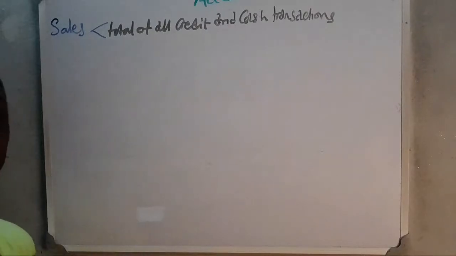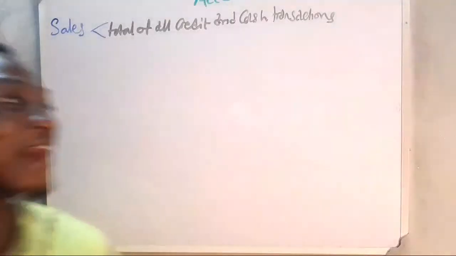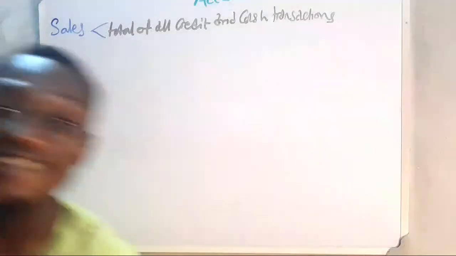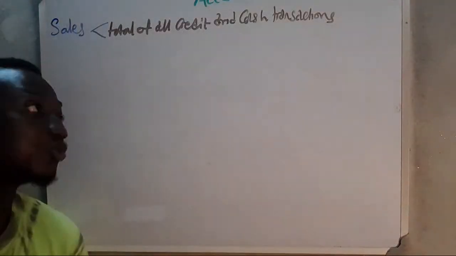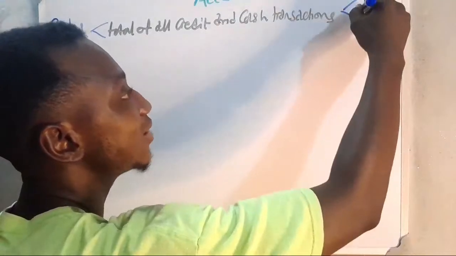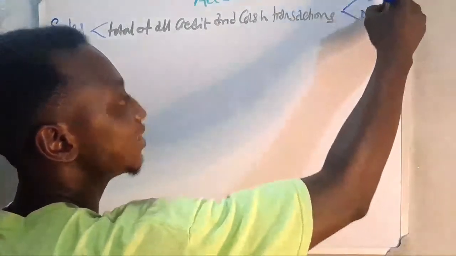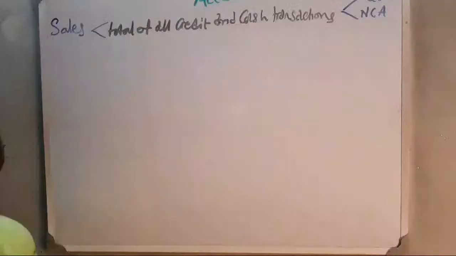Non-current assets are those assets whose benefit extends more than a year. Like we said, we have furniture, vehicles, plants. Don't include them. So you don't include withdrawals and non-current assets.